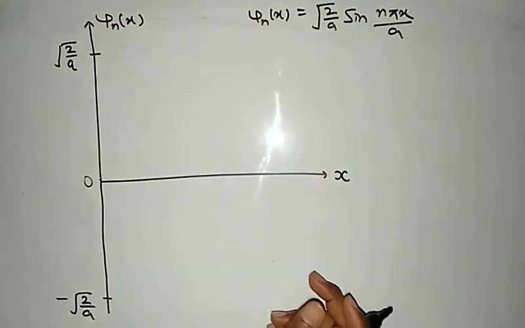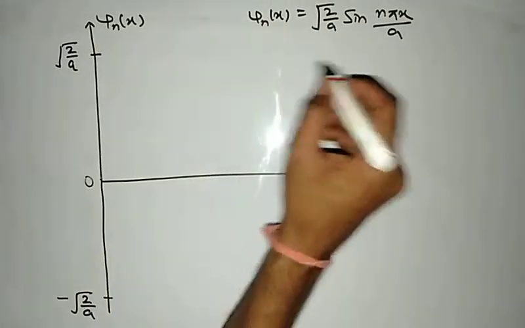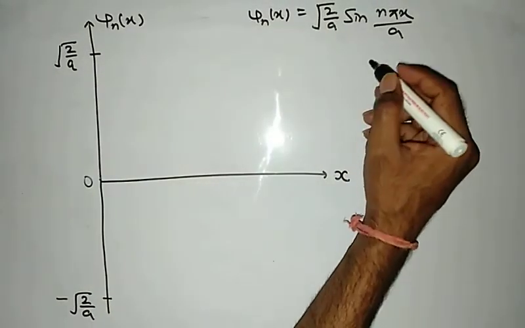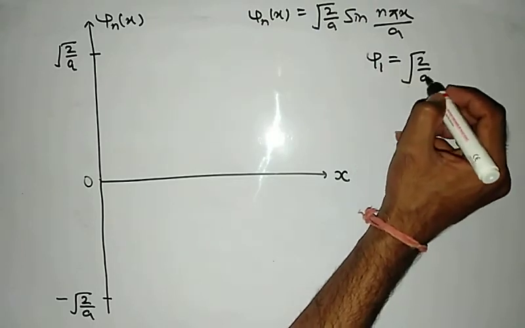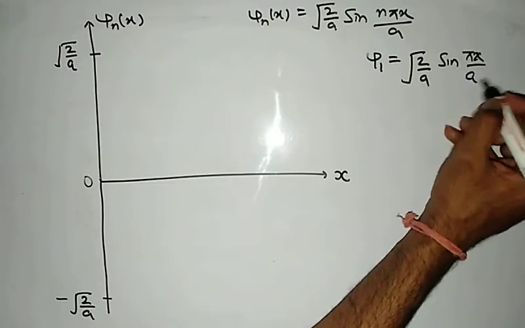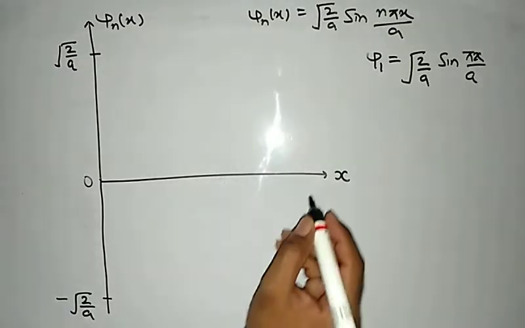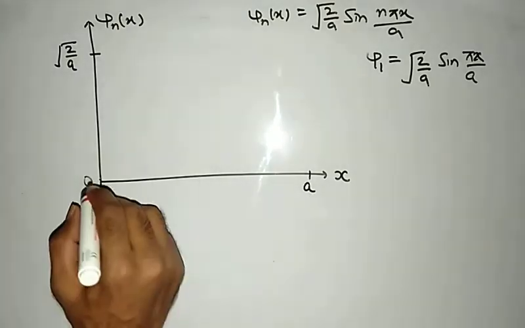For psi 1, psi 1 is equal to under root 2 by a sin(pi x by a), taking the range 0 to a.